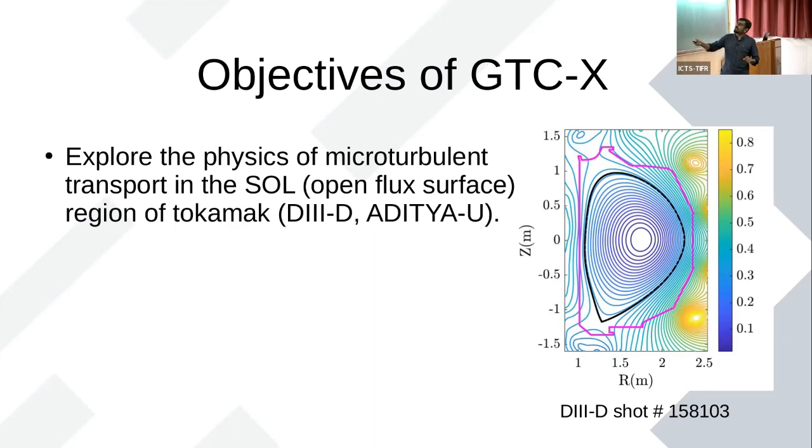This is what we call the core. There is this black line over here, which represents the last closed flux surface. Outside that, you'll see that the flux surfaces don't close on themselves. And that's the region which we are interested in. The codes that are available, except for one, mainly work in the core region. Can we extend it towards this open flux region?